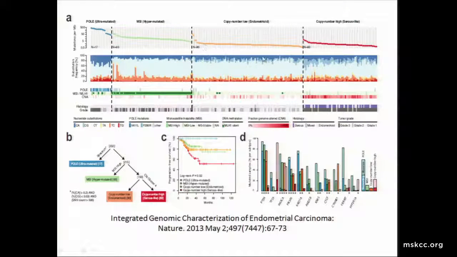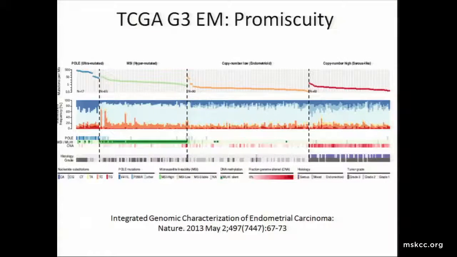And you've already been introduced to the idea that the number of mutations per cell differ in each group, whether or not there's microsatellite instability affects group assignment, and the copy number high group is defined by the presence of frequent deletions and amplifications. So what I want to cover now is the promiscuity of grade 3 endometrioid adenocarcinomas.